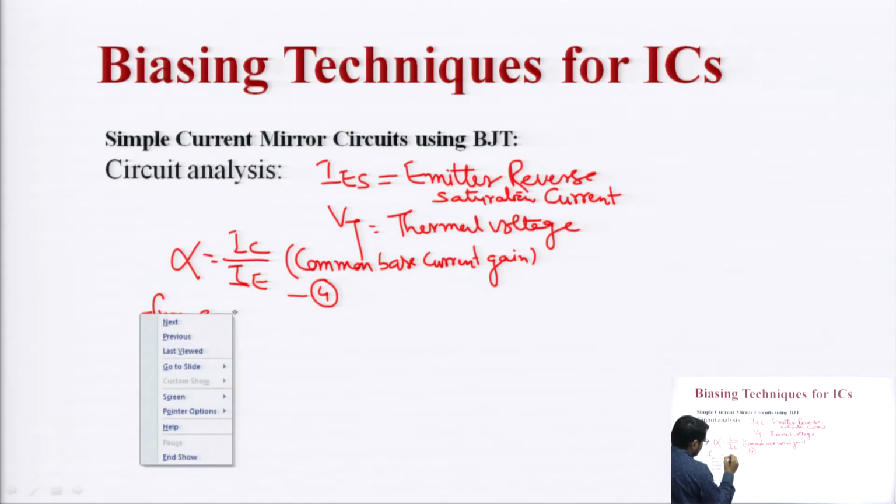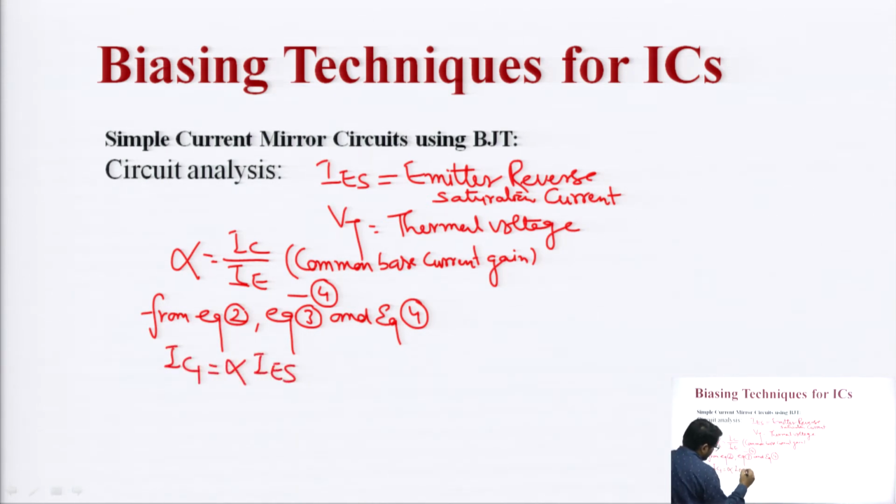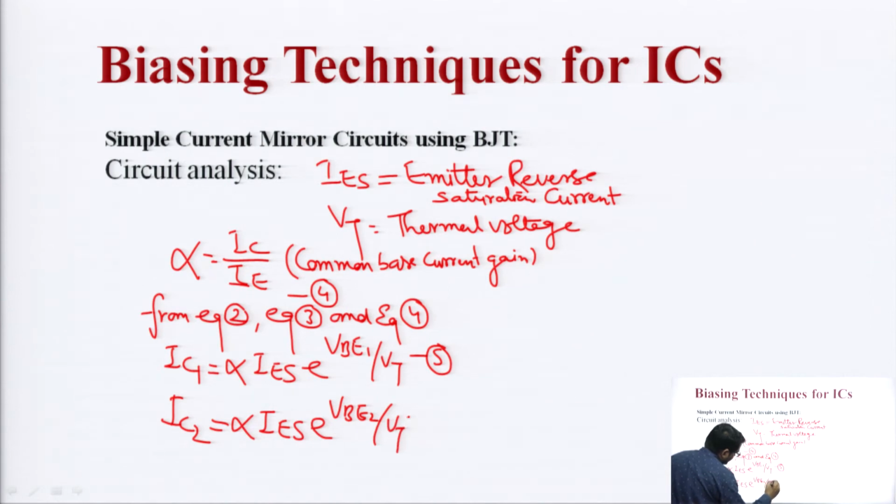From equation 2, equation 3 and equation 4, we write IC1 equal to alpha IES e to the power VB1 divided by VT. This is equation 5. And IC2 equal to alpha IES e to the power VB2 divided by VT. That is equation 6.